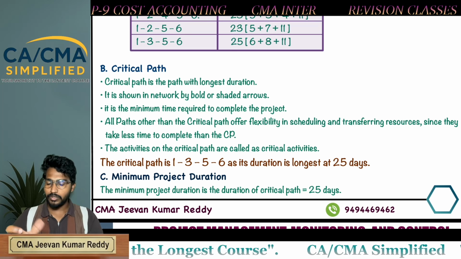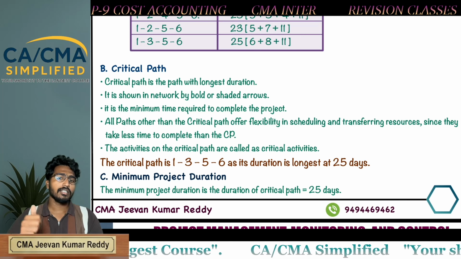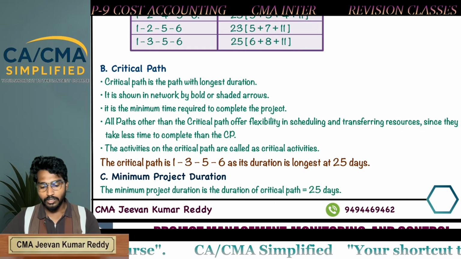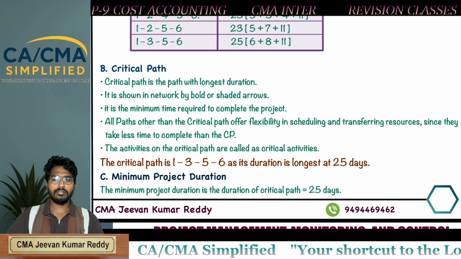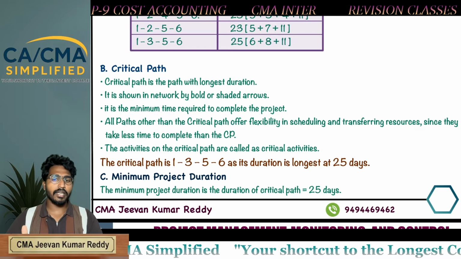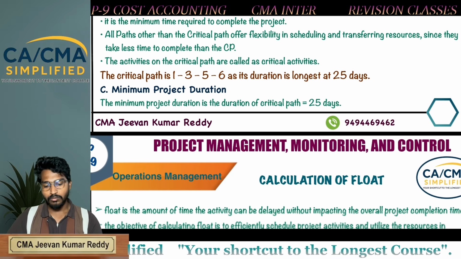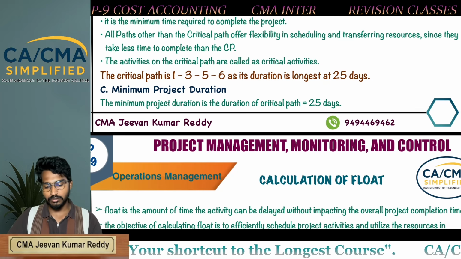But in the critical path, you can't do that because that flexibility is not available in the critical path. The activities on the critical path are called critical activities. Whatever activities are there in the critical path, those activities are known as critical activities. What is minimum project duration? Minimum project duration is your critical path duration.